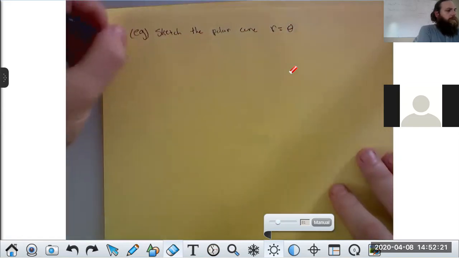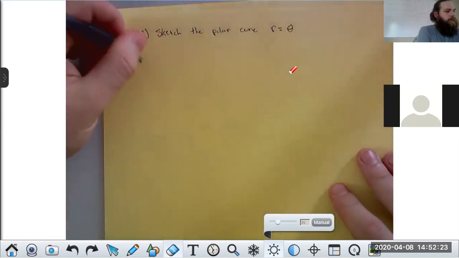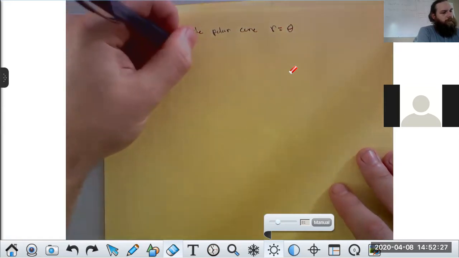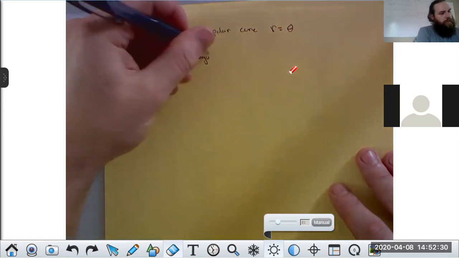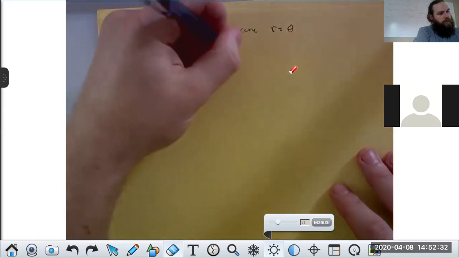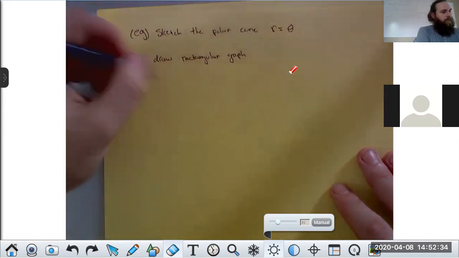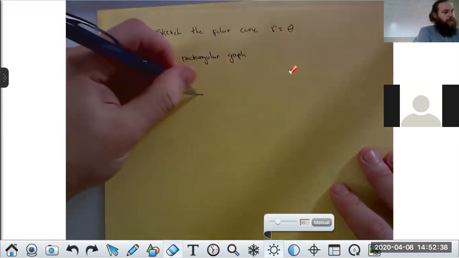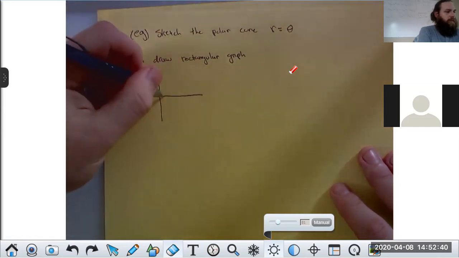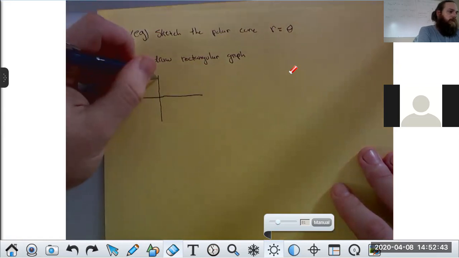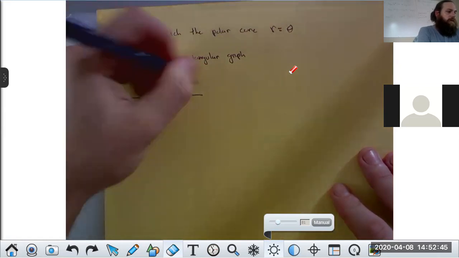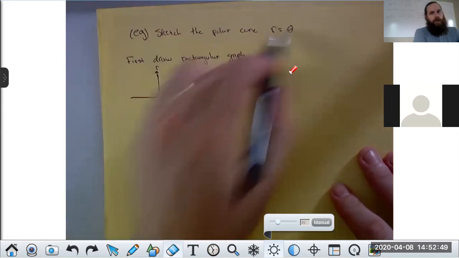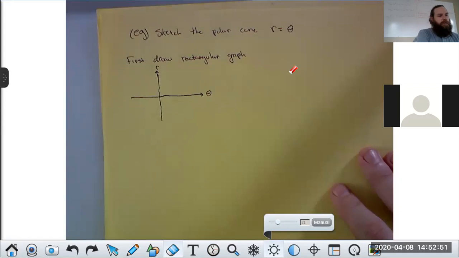So first, we draw the rectangular graph. And this is not going to be a sine wave or anything like that. If this is the r-axis and this is the theta axis, then in regular rectangular coordinates, r equals theta, that's the same as y equals x.